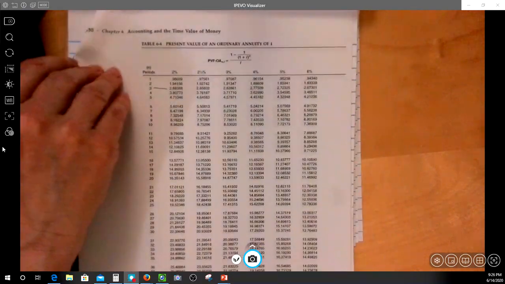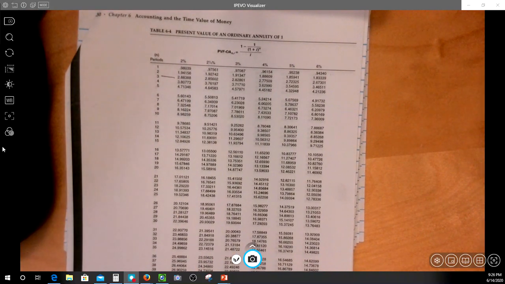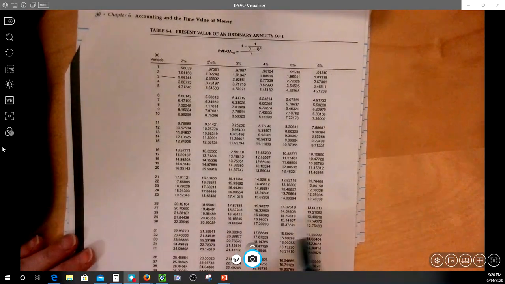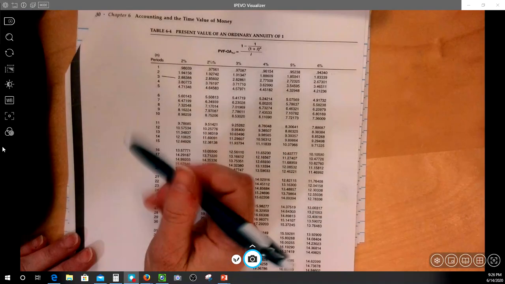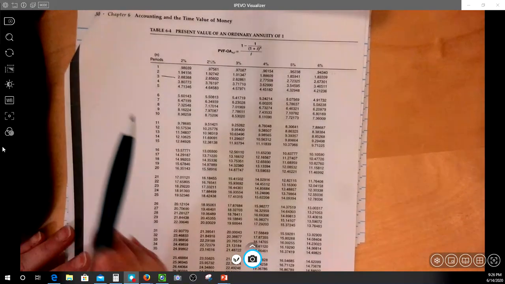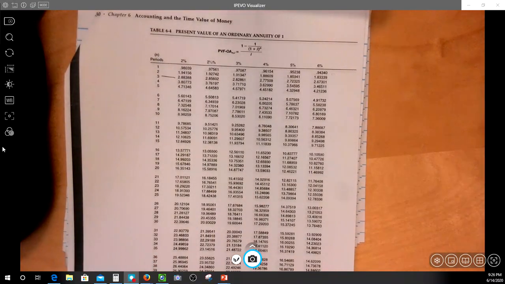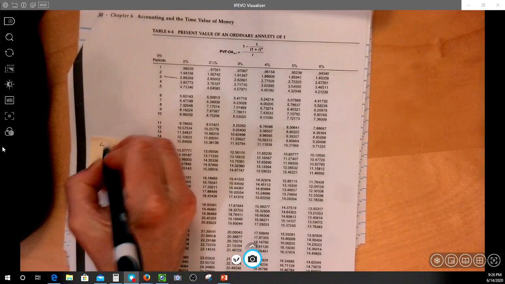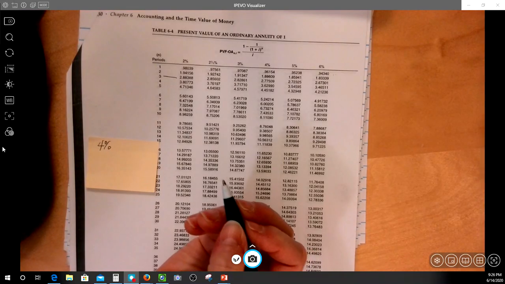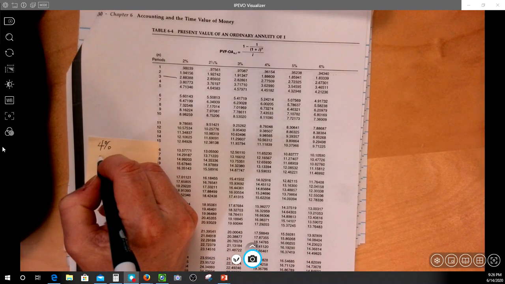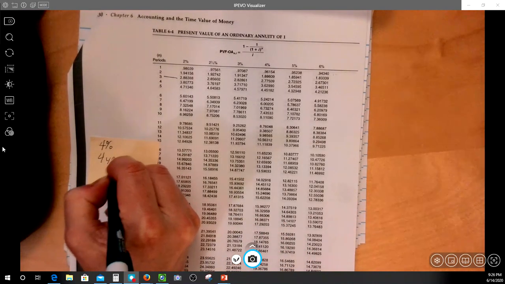This is a really good example of a mistake that's oftentimes made, and I made it as well. We've got 4% interest, and this is annual interest, and we have 4 years.